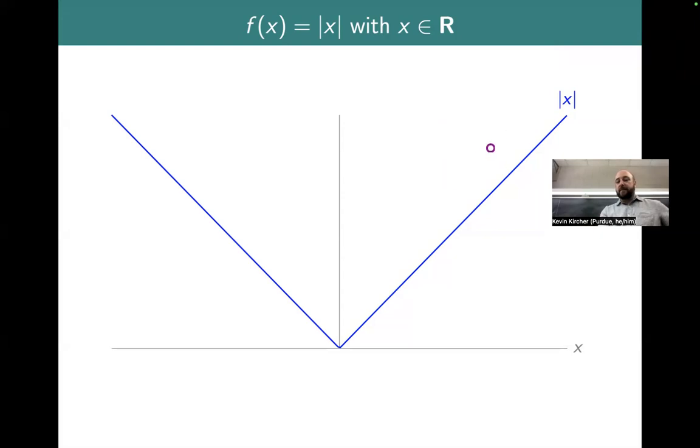Convex, right? Look at the stuff above the graph, draw a line between any two points, all good. That's a convex set. And no monotonicity property, right? Over here it's increasing, over here it's decreasing, but we can't say anything about it over the whole domain of all the real numbers.